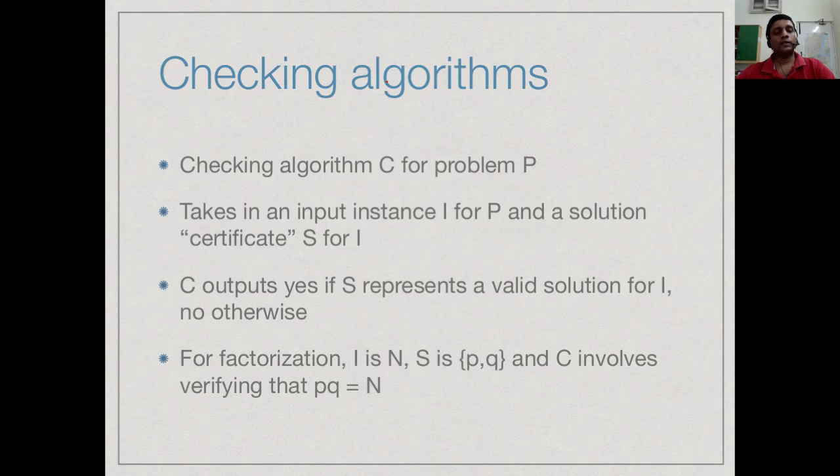If so, it says that the solution is correct and outputs yes. Otherwise, it says no. So in our example before, the factorization example, the input instance is the number n to be factorized. The solution that we get as a candidate to solve the problem is the pair of primes p and q that the student has calculated. And the checking algorithm involves verifying that p times q is actually n.